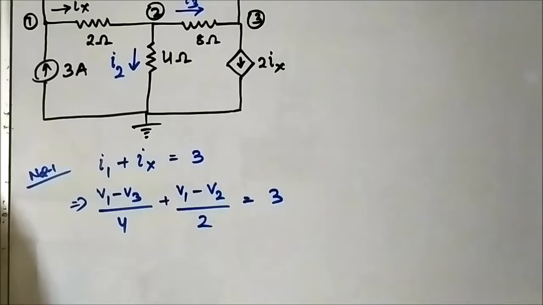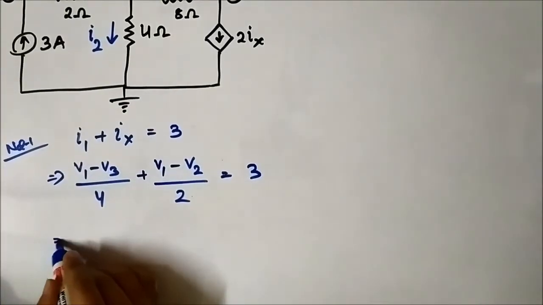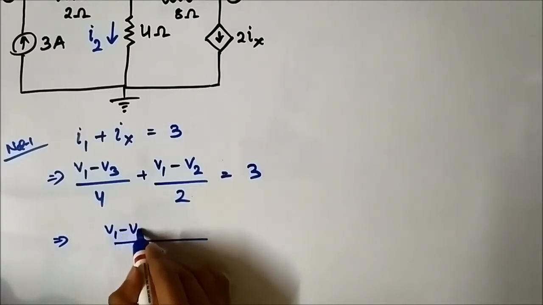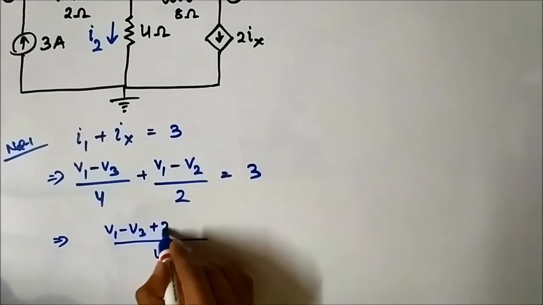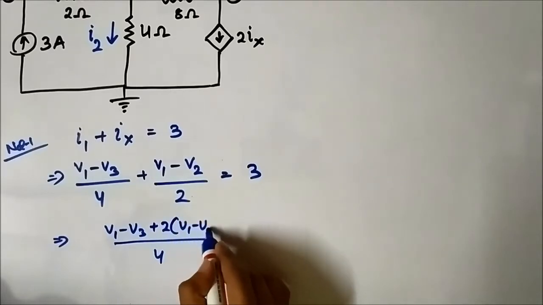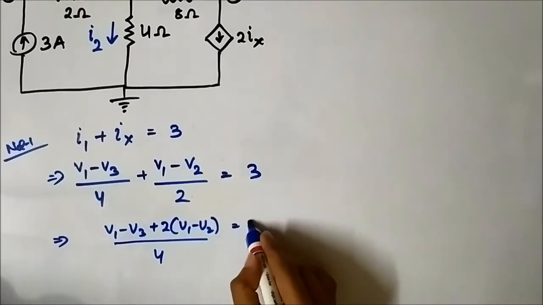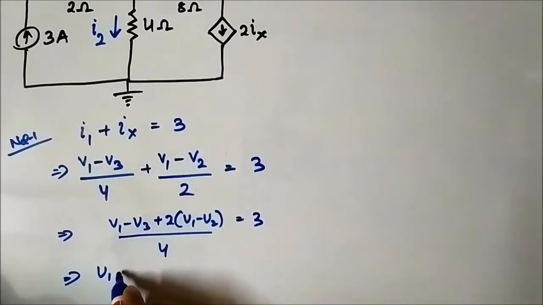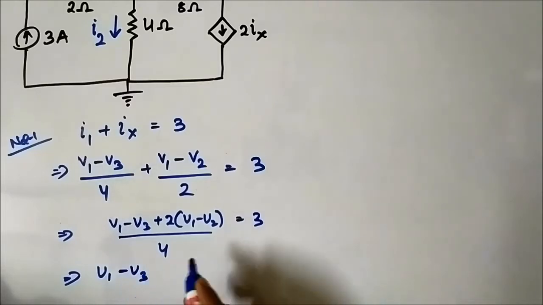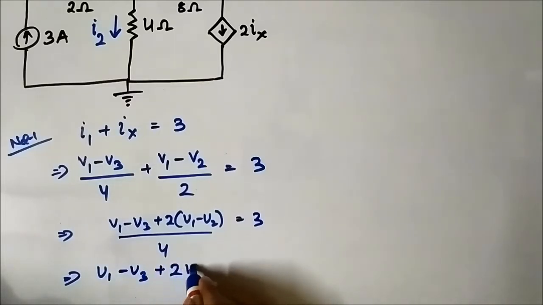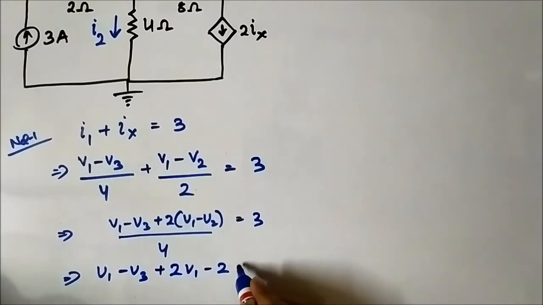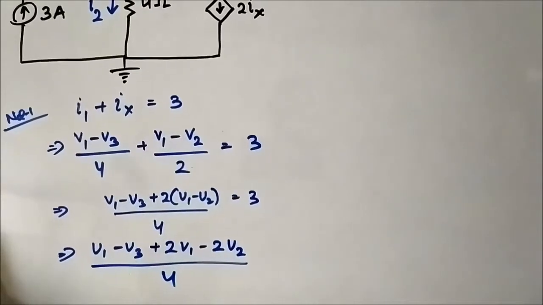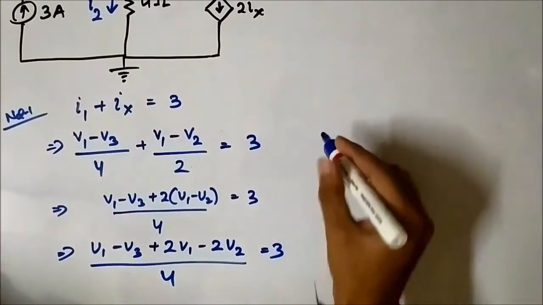Okay, so now let us take the LCM. This is 4, of course. It is V1 minus V3 plus 2 into V1 minus V2 is equal to 3. So it is V1 minus V3 plus 2V1 minus 2V2 by 4 is equal to 3.